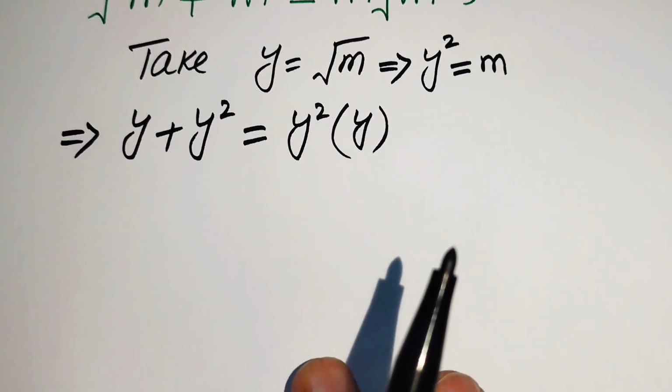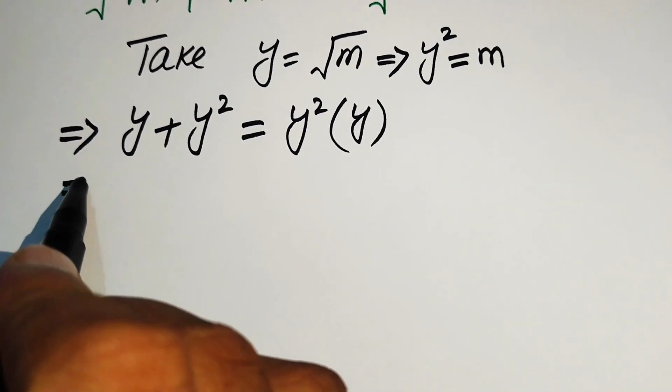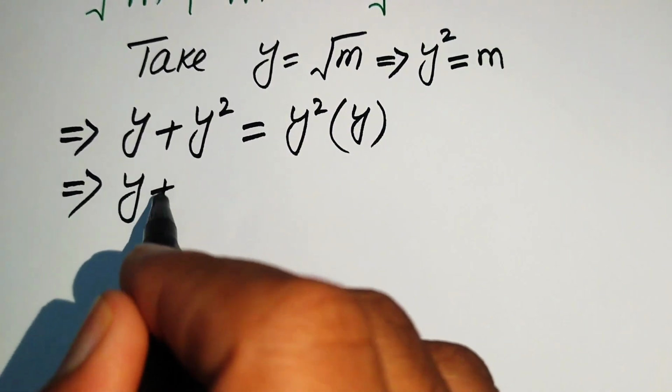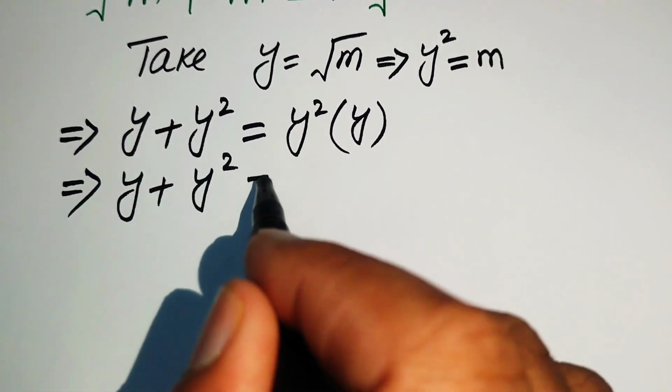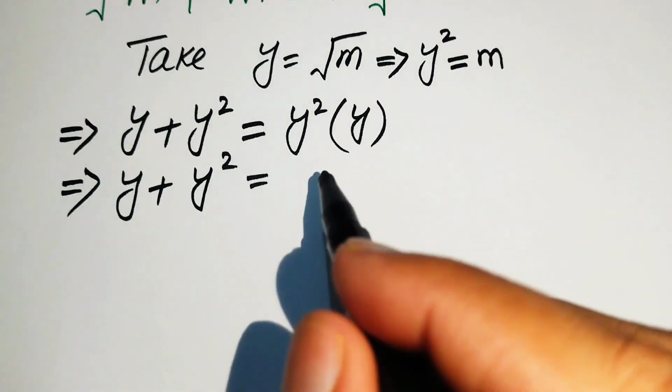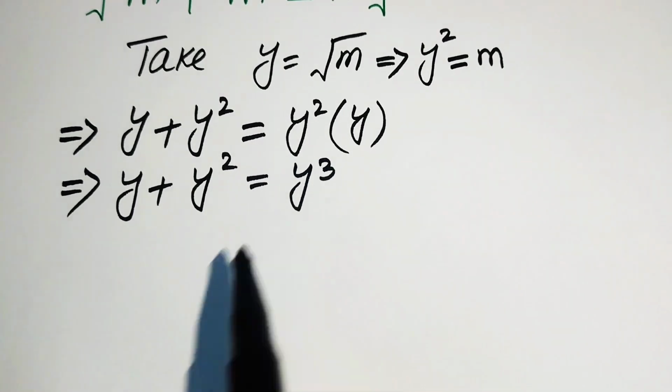So here we need a little bit of simplification on the right hand side, and we have y plus y square equals y cube.